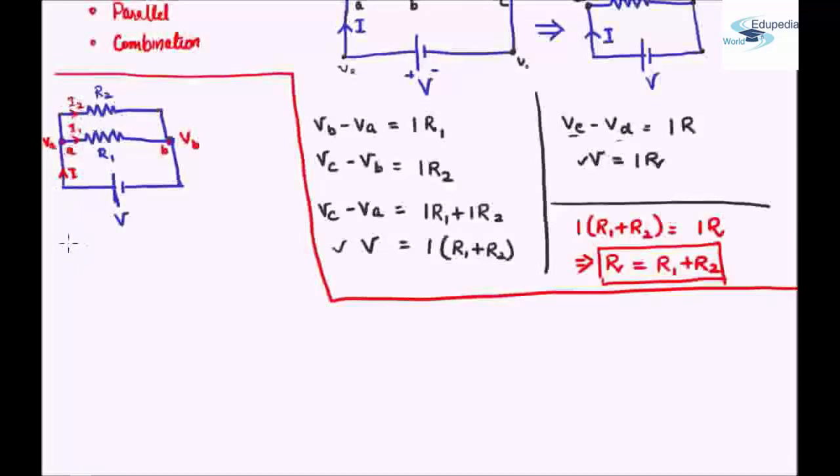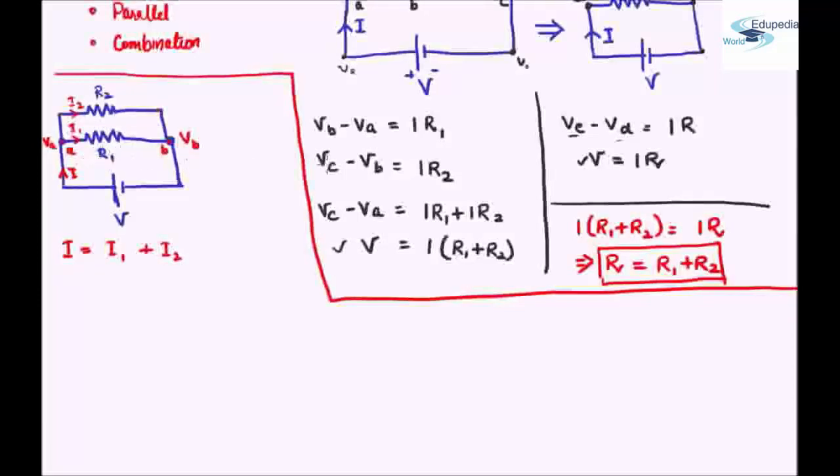Because current has to be maintained, current cannot be destroyed, the total current I will be equal to I1, that is through resistance 1, plus I2, that is through resistance 2. Okay. Now using this idea, let us find the equivalent resistance.